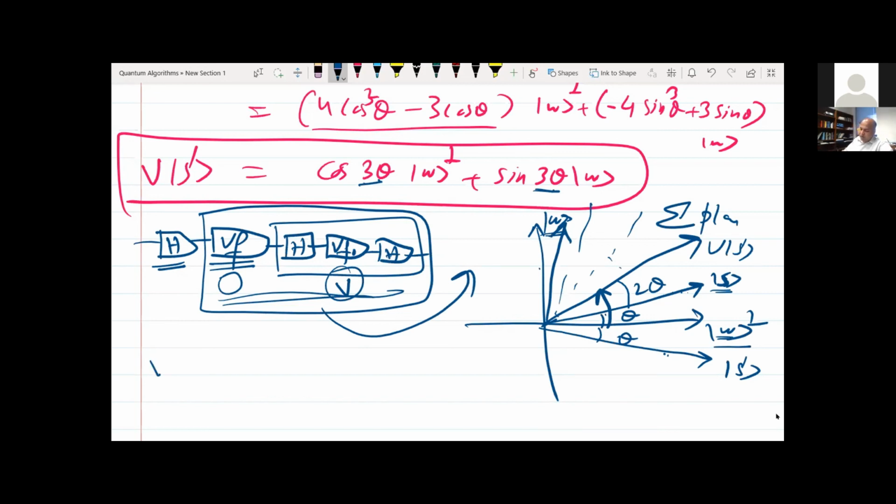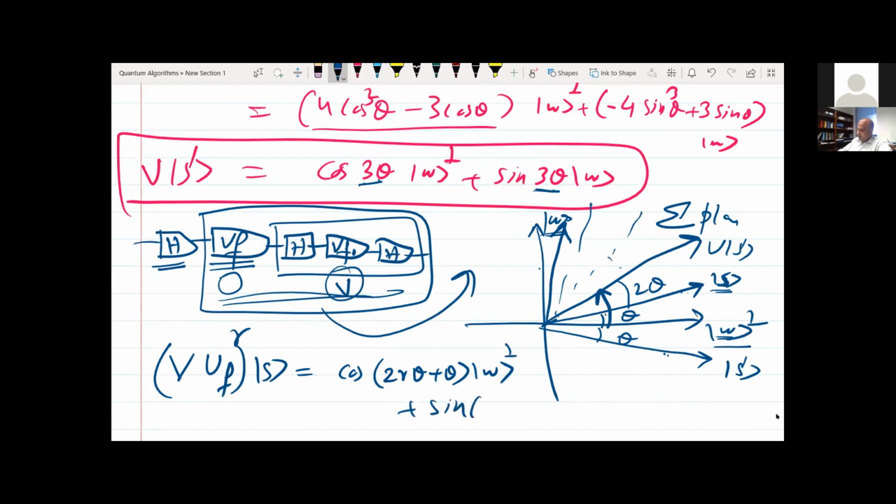So after R applications of UFV on our S state, we will reach cosine of (2R theta plus theta) omega perpendicular plus sine of (2R theta plus theta) omega.